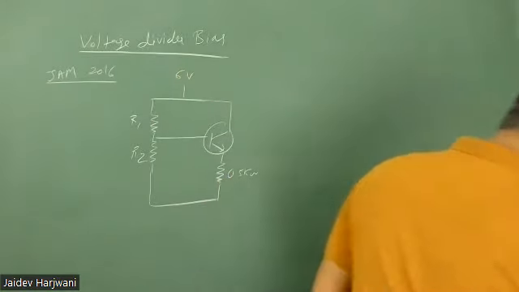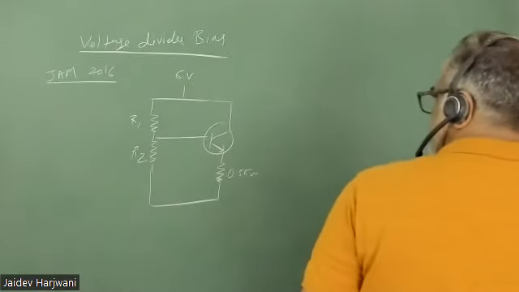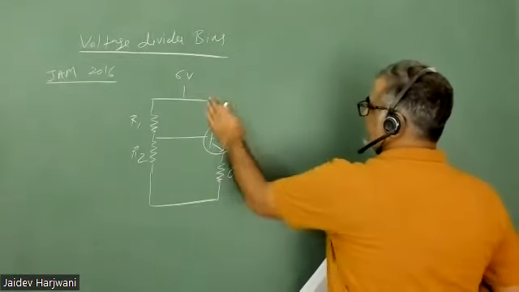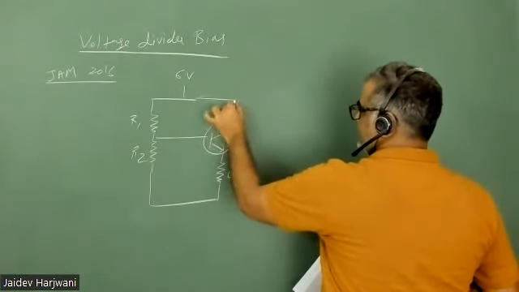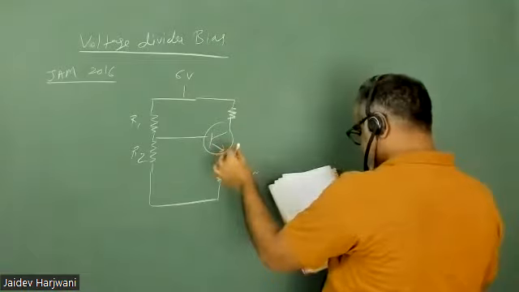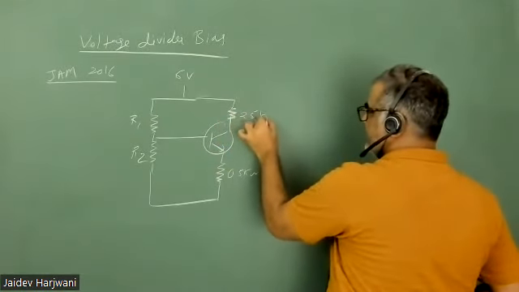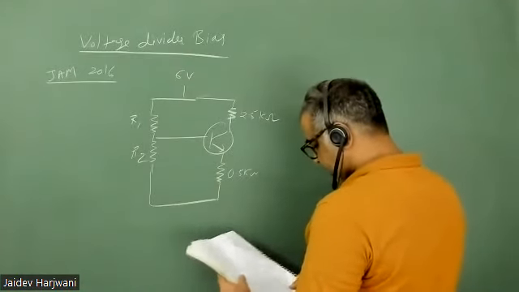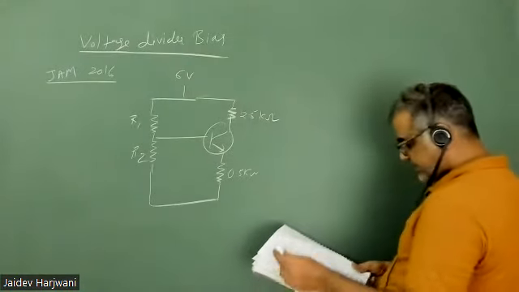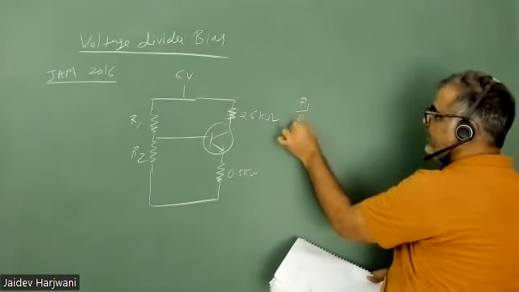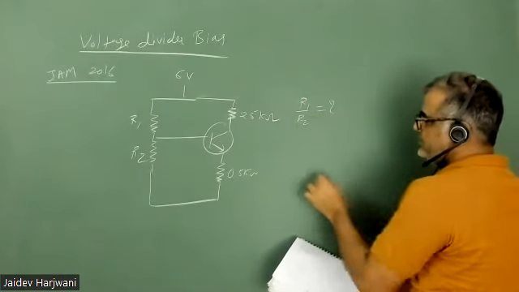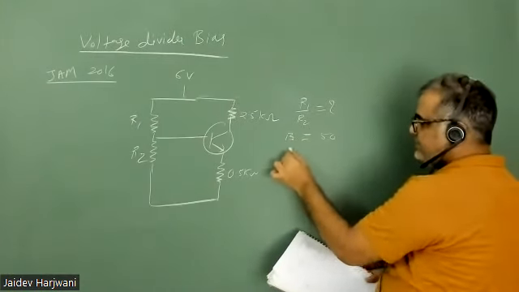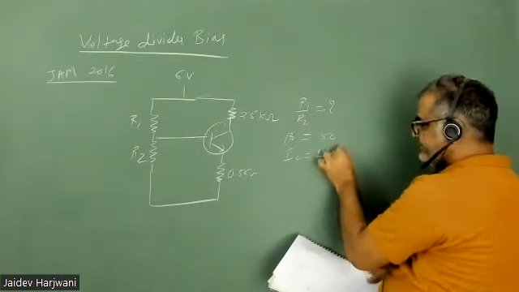They also give one more resistance, RC, 2.5 kilo ohm. R1 and R2 are unknown, and VBE is given. They are asking for the value of R1 by R2. In the question, beta is 50 and IC is 1 milliampere.